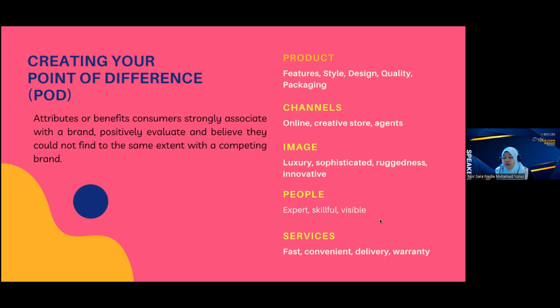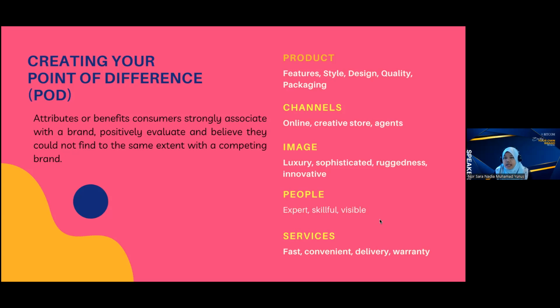And second one, we can go for channel. Everyone are looking for online channel, tapi company kita very creative. We stick with our physical store, but we design our store with a very creative and entertaining kind of buying behavior. Orang datang, orang semua dah pergi ke online, tapi but still because of our store, it looks so entertaining, people willing to come.